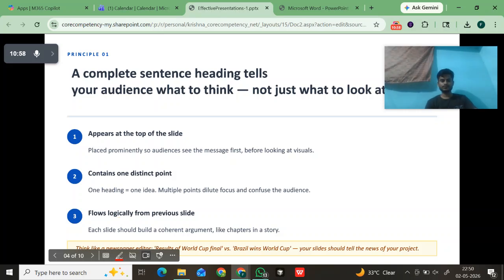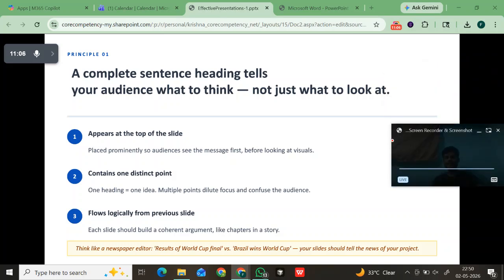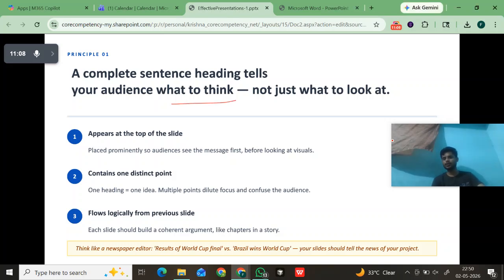A complete sentence heading tells your audience what to think, not just what to look at. Whenever you have a clear heading, they know before learning that we are going to learn about how to communicate effectively, how to create an effective PowerPoint presentation.